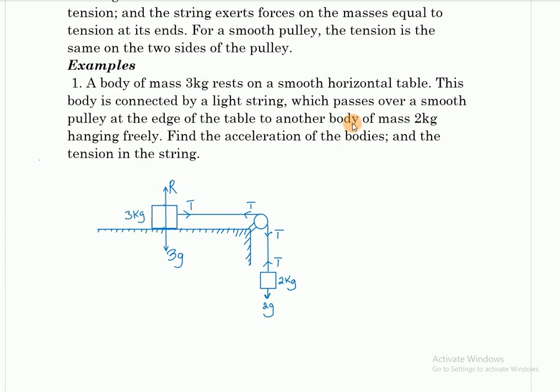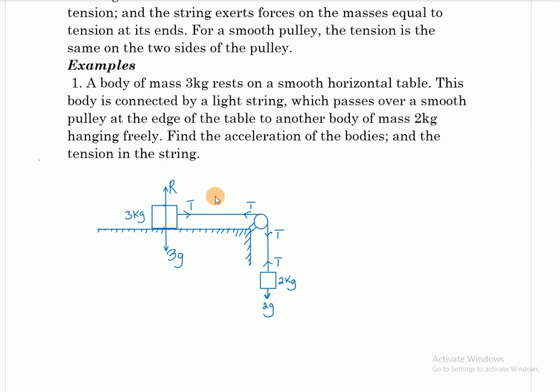This is connected by a light string which passes over a smooth pulley at the edge of the table to another body of mass 2 kg hanging freely. So this is how we can analyze that question.